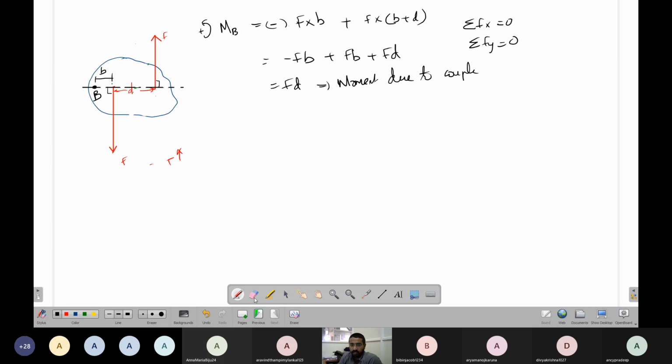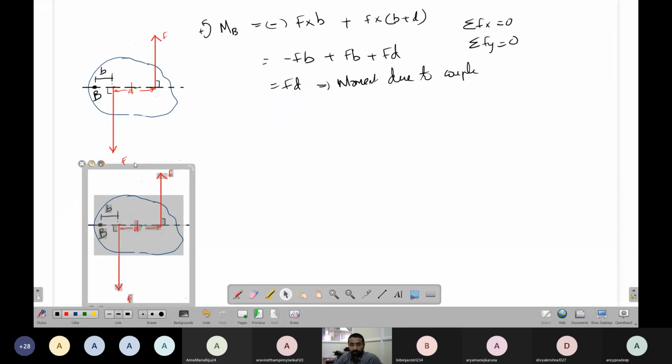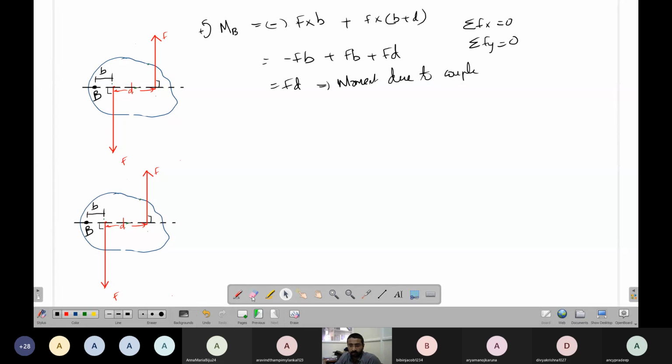So I am replacing the system, and I can also represent it by a net moment, which is in anti-clockwise direction.